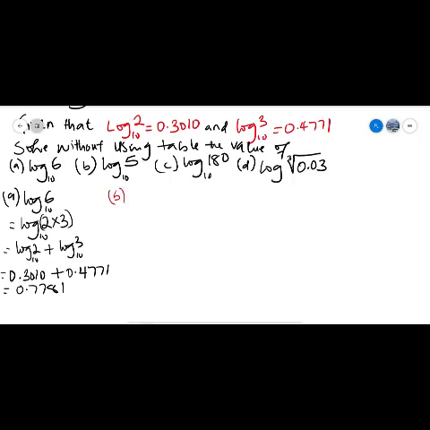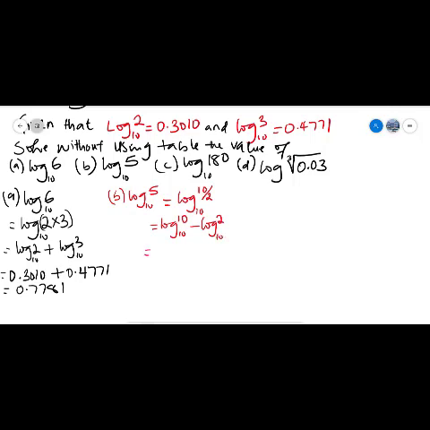The B question, you were given log 5 base 10. What is it about 5 that I can relate to either log 2 or log 3 or both? Now I know that log 5 is equal to log 10 over 2. So for me to get 5, I will do 10 over 2. Remember, to the base 10. So I will have, according to the law of logarithm, log 10 base 10 minus log 2 base 10.